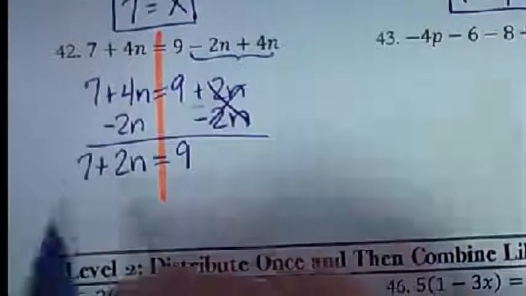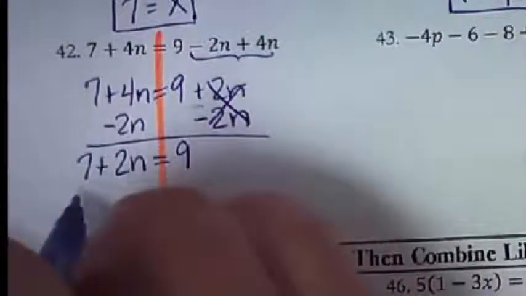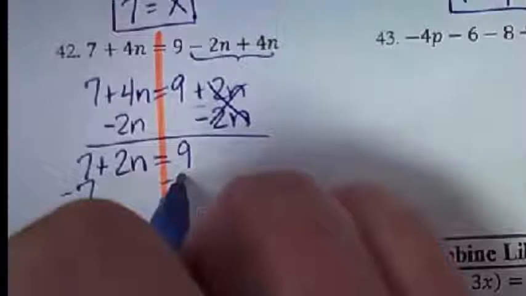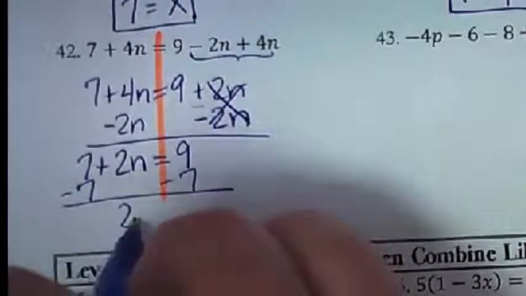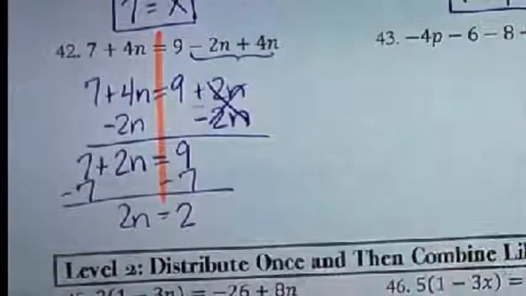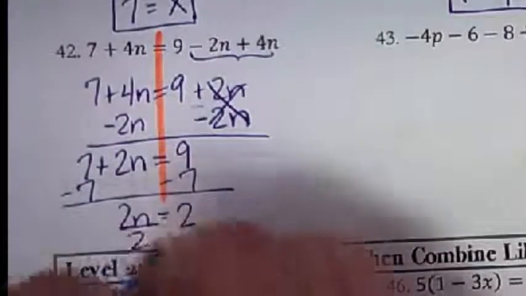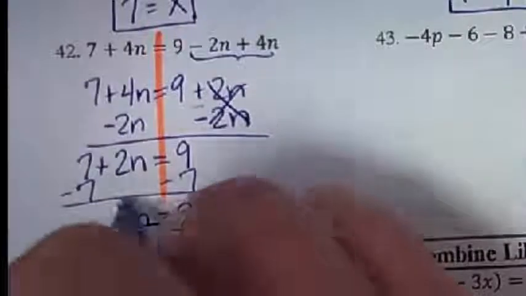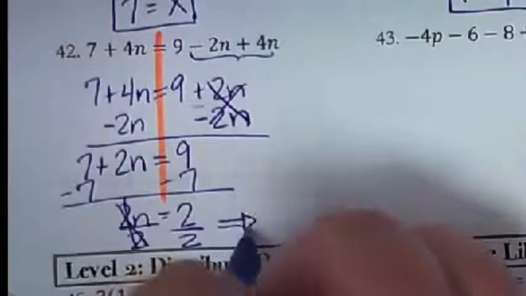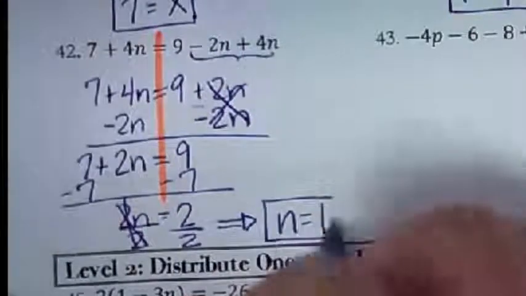Now I want to move this 7 over to the other side. Subtract and add first, which we don't have to do because now there isn't any. Then it's time to divide. Divide by 2, divide by 2. That will cancel, and I'm left with n equals 2 over 2, which is just 1.